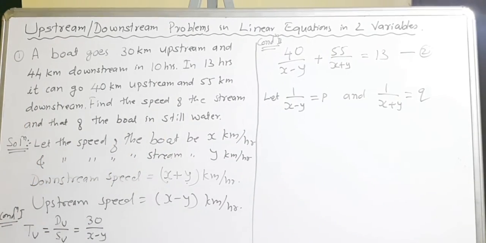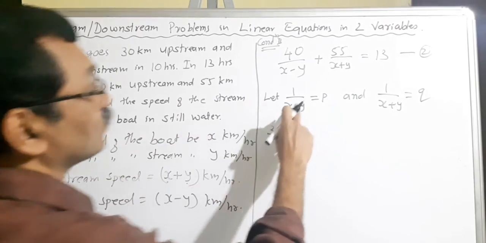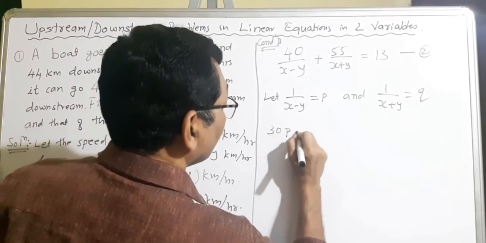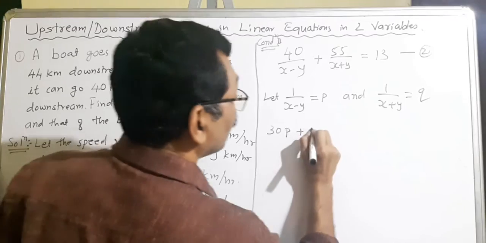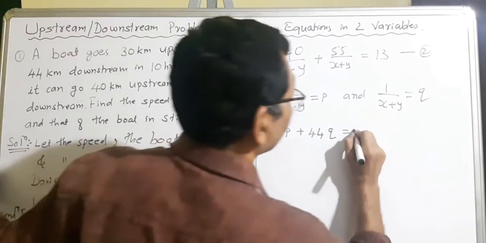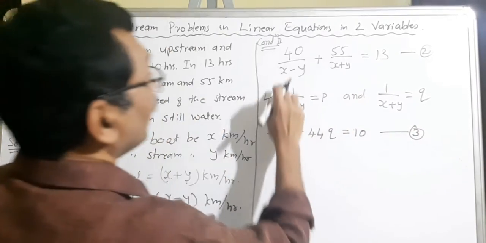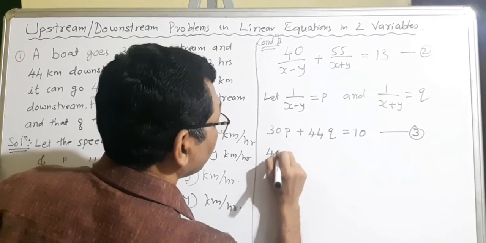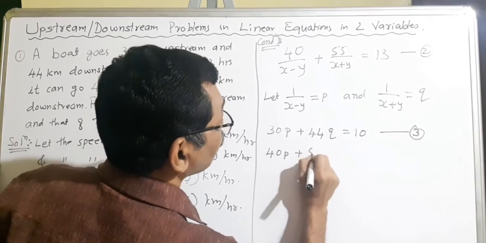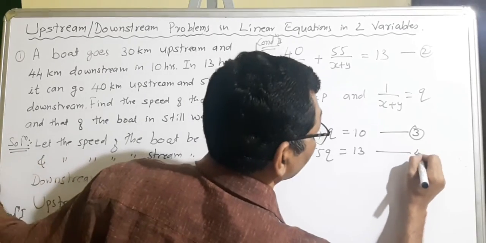So now 30 into p is 30p plus 44q is equal to 10. Based on equation 1 we got equation 3. And here 40p plus 55q is equal to 13. This is equation number 4.